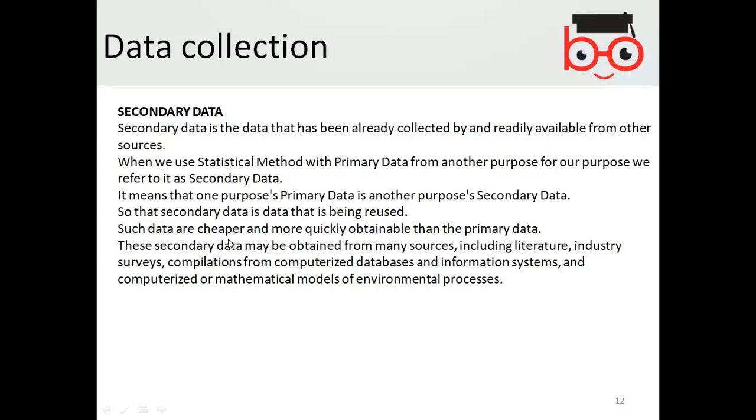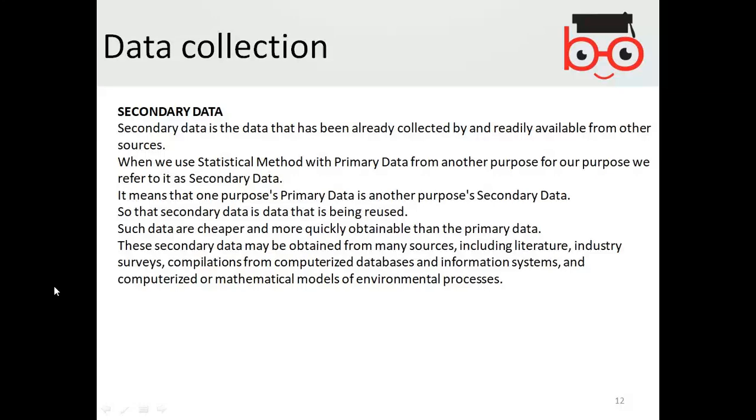Such data is cheaper. Secondary data is cheaper and more quickly obtainable than primary data. As we discussed earlier, primary data is the data generated from your own research. Regardless of the authenticity, reliability, and other characteristics of primary data, it is difficult to carry out the research and get primary data, while secondary data is easily obtainable.